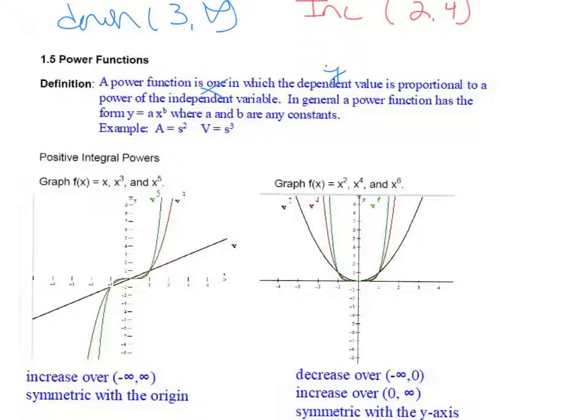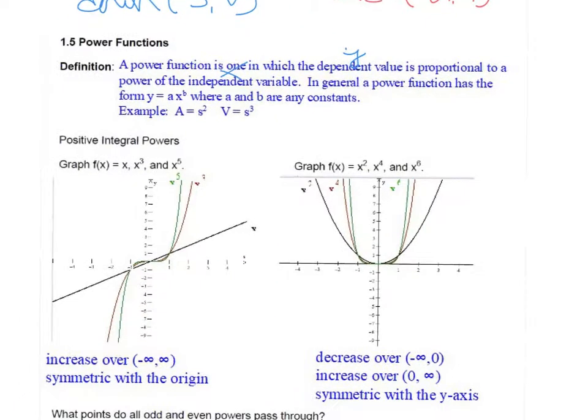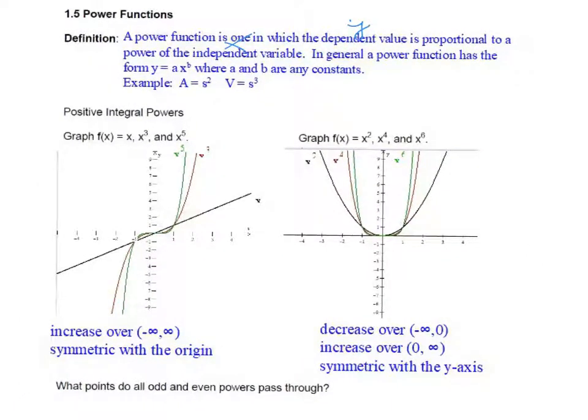So you see down here in these graphs, we have some odd exponents: x, x to the third, and x to the fifth. Those would be power functions. And then over here we have x squared, x to the fourth, and x to the sixth. So we'll pause the video here for you to sketch these graphs.